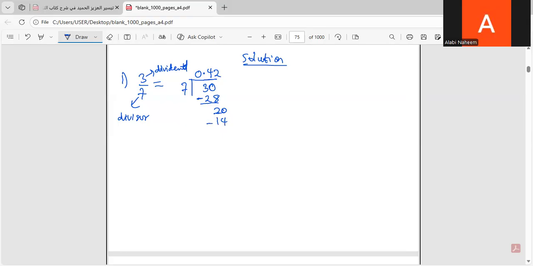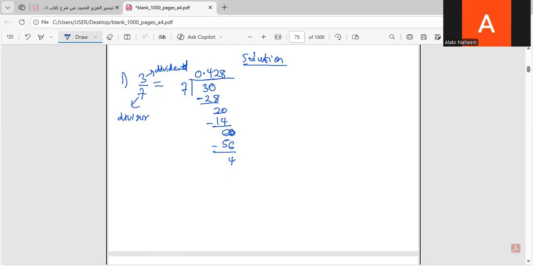You subtract: 20 minus 14, you have 6. 7 in 6, 6 is less than 7, so you include 0 here. 7 in 60, that's 8. 7 times 8 is 56. Don't bother about the remainder. Subtract, so you have 4 again.